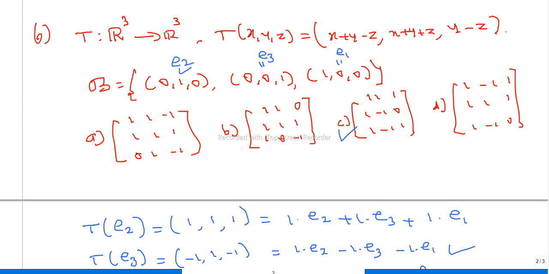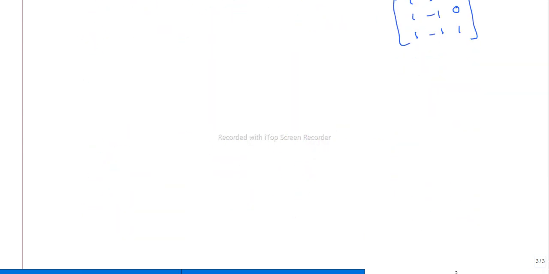Now another question from linear algebra, the seventh question. The question says, suppose A is a 3 by 3 matrix, and suppose minus 1, 0, 1 are eigenvalues of this matrix A, and the corresponding eigenvectors.